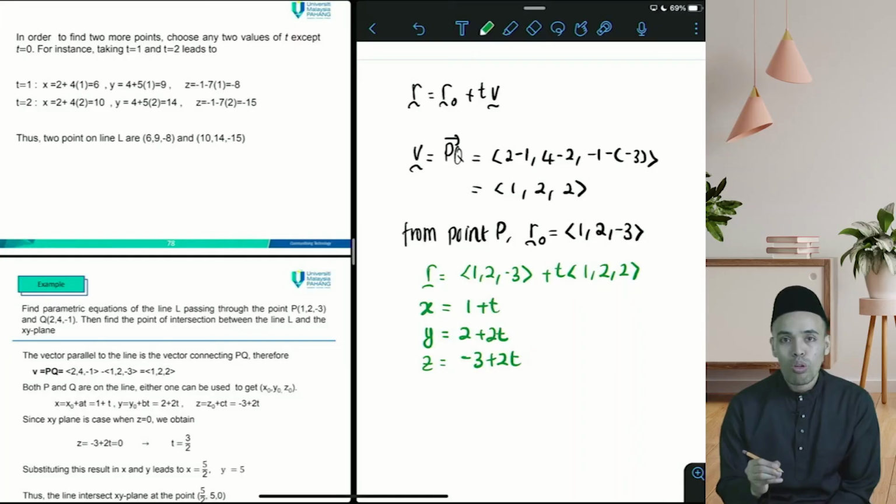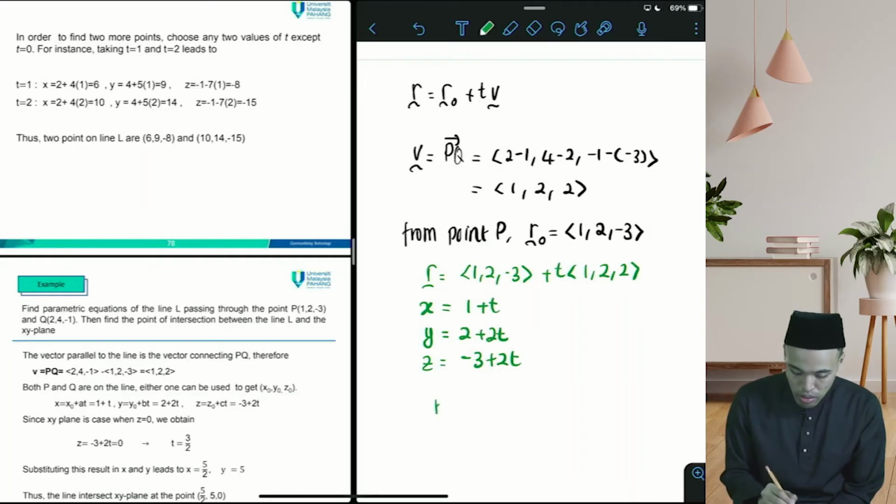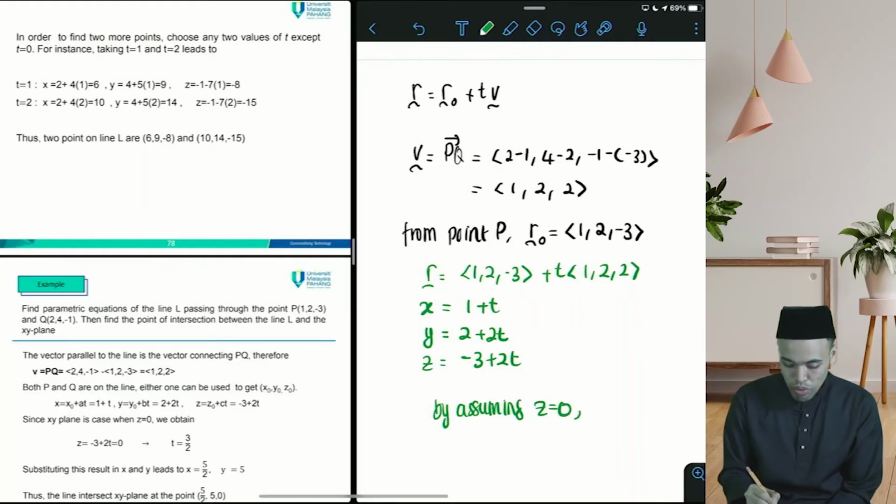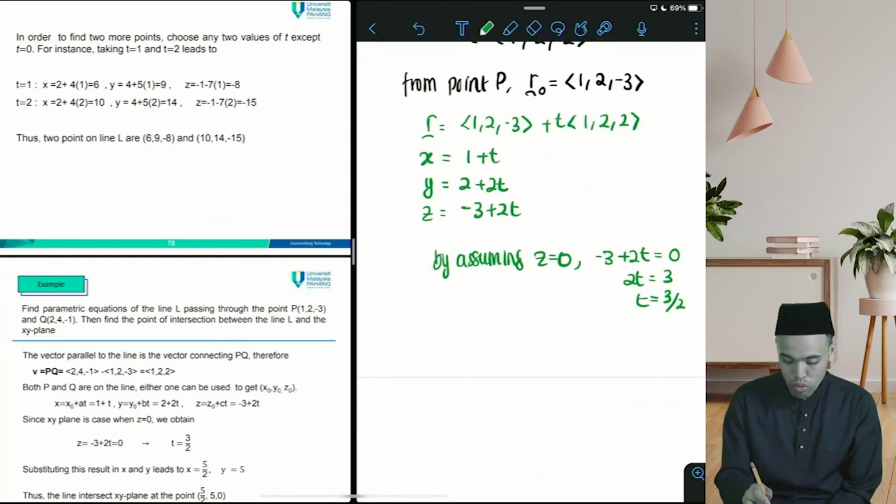Therefore, you can always assume the z coordinate is 0 on the xy plane. So z equal to 0, -3 plus 2t equal to 0, 2t equal to 3, and t equal to 3 over 2.